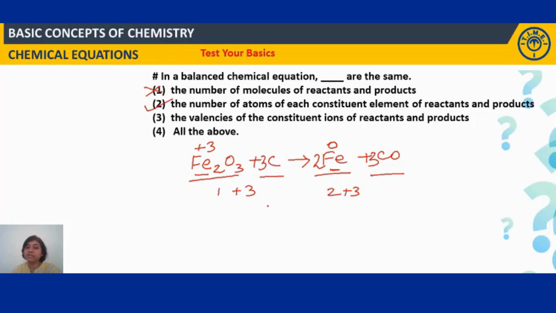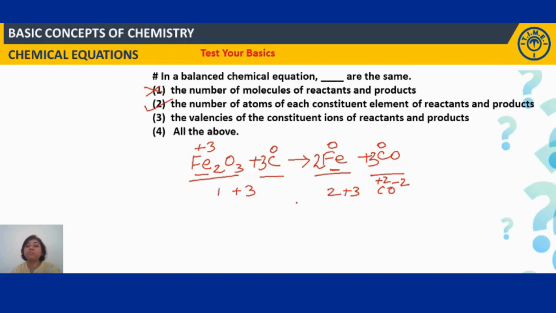So the valency is changing. Similarly, look at carbon: here the valency is 0 because it is not in a combined state, but here it is plus 2. In carbon monoxide, the oxygen valency is minus 2, so carbon is plus 2. Understood? So here you can see that between reactant and product, the valency of carbon is changing. So it is not mandatory in a balanced equation that the valency must be the same.